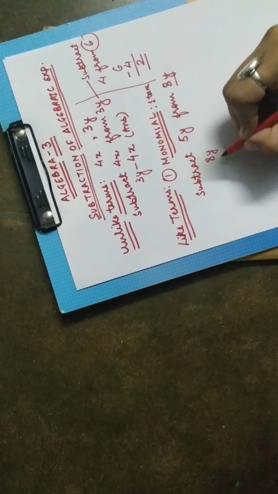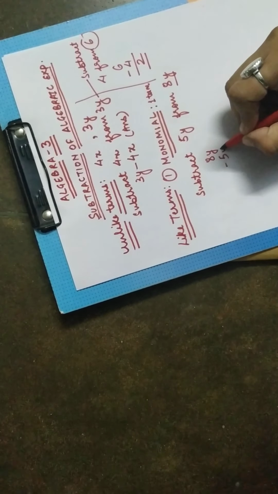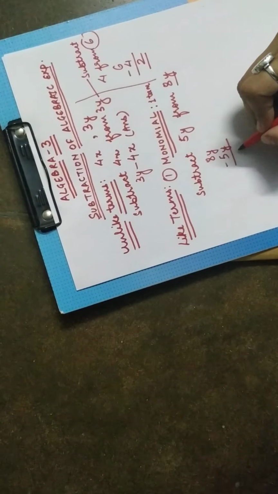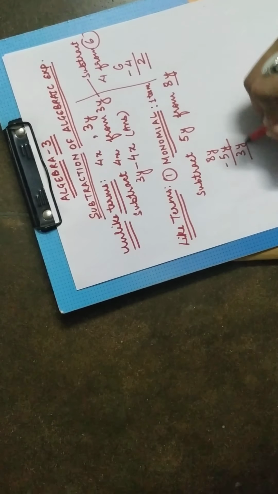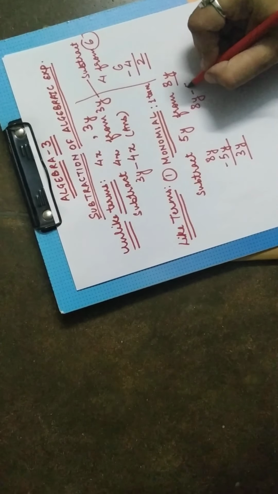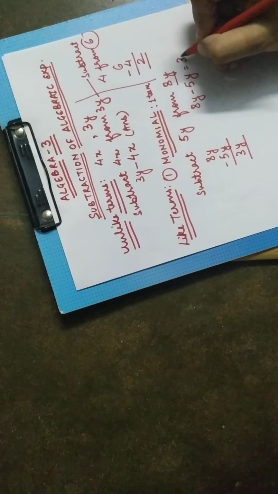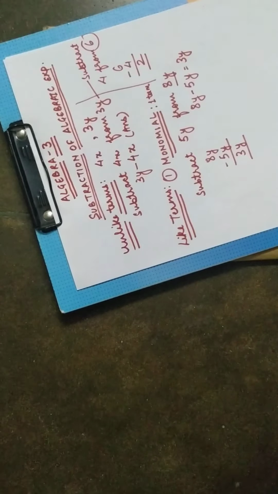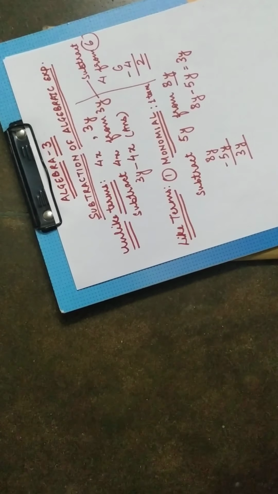So 8y minus 5y. 8 minus 5 gives you 3, and y. This is the column method. If I write 8y minus 5y is equal to 3y, this is the horizontal method. Both are correct and both will give you the same answers.